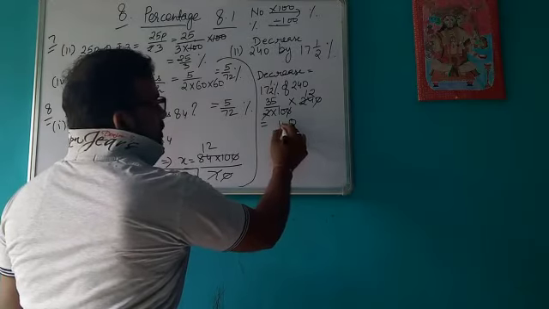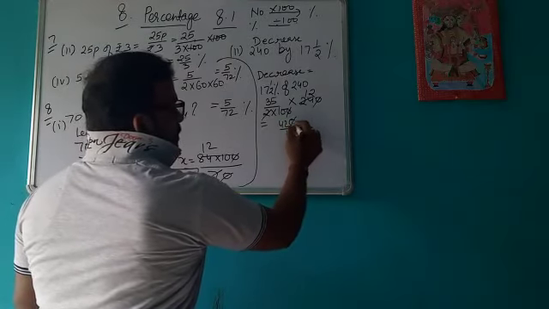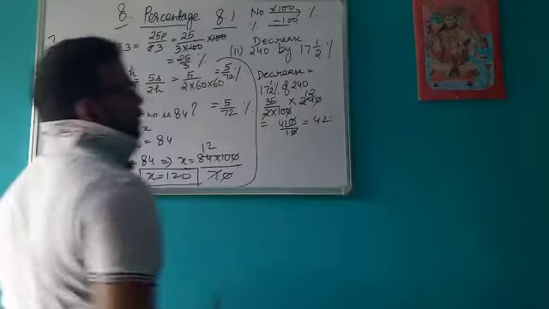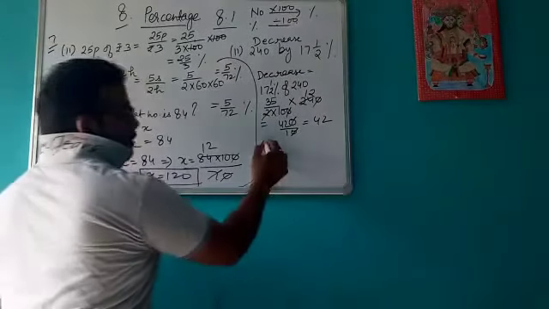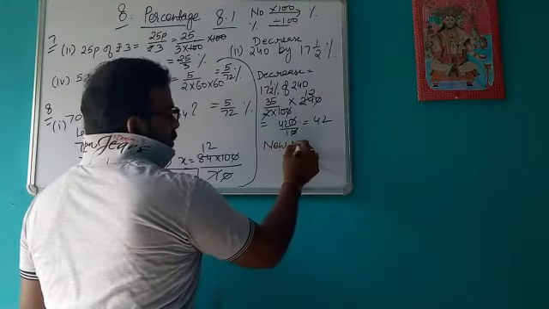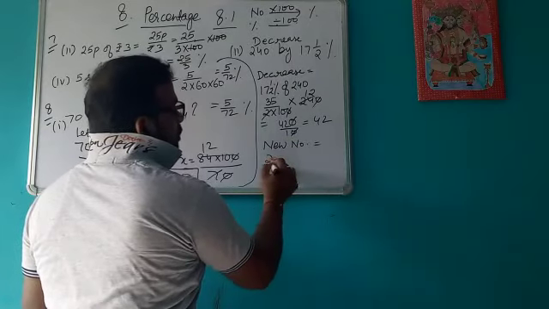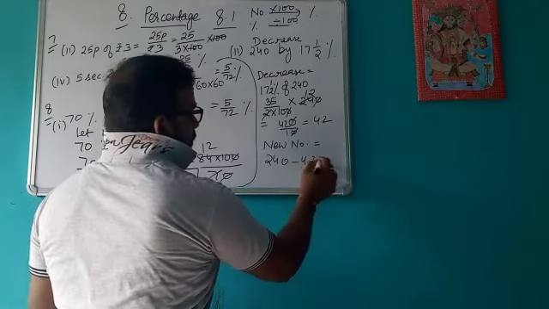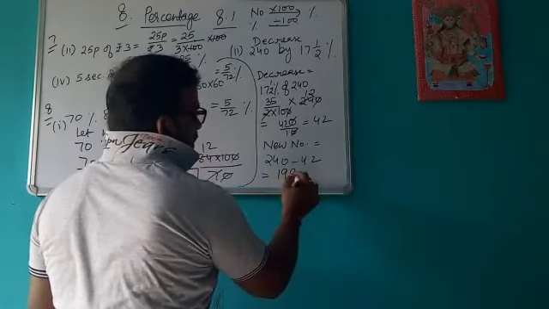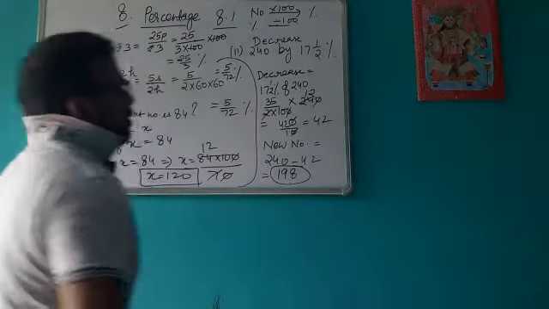that is 42. So what is our new number? Our new number will be 240 minus 42, that is 198. Okay.